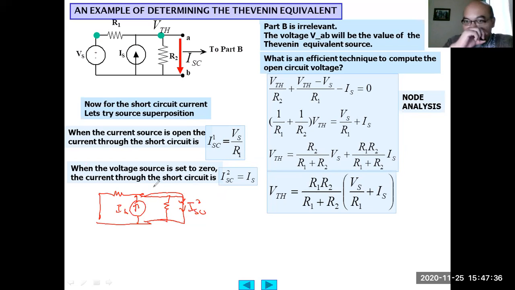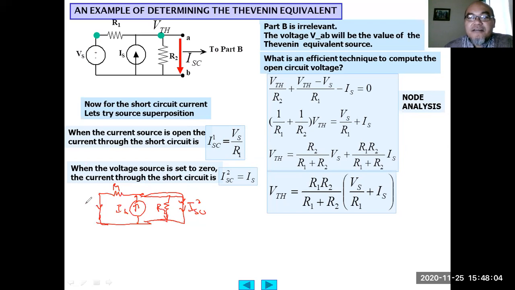The current divider formula states that, let's say this is R1, R2. In Kirchhoff's current law, when you have a branch which does not have any resistance, of course all current will flow through that branch. No current will flow in this branch and in this branch.